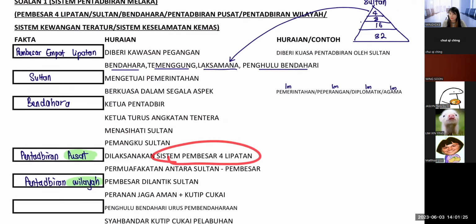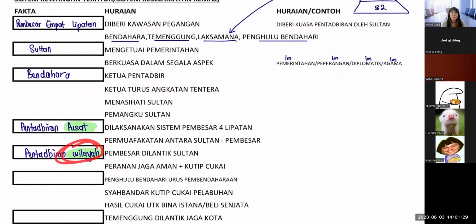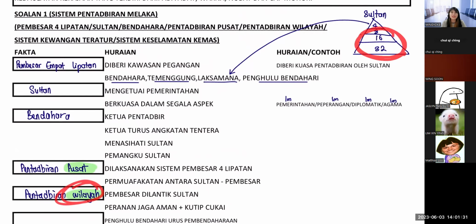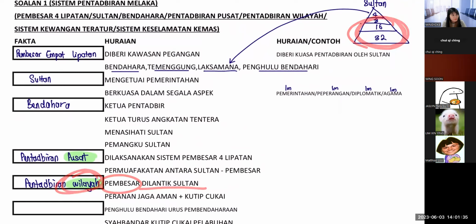Pusat is done by these 4. But wilayah means the rest. It is pembesar dilantik sultan with the nasihat of pembesar berempat. Their peranan is to menjaga keamanan and also mengutip cukai. Menjaga keamanan is one mark, mengutip cukai is another. So 3 is already enough lah.